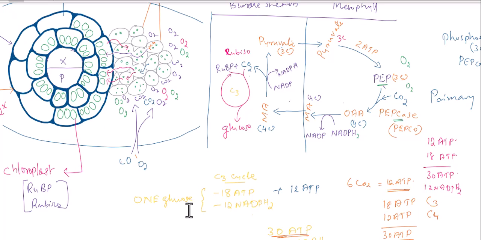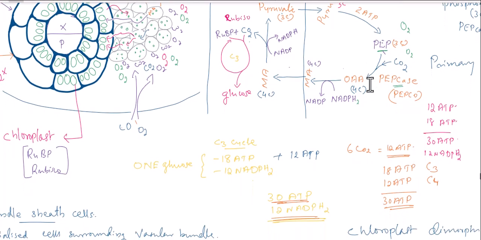For one glucose molecule, 6 carbon is needed. For transporting 1 carbon from mesophyll to bundle sheath, 2 ATP is needed. So to operate this cycle 6 times, 6 into 2, 12 ATP is needed.